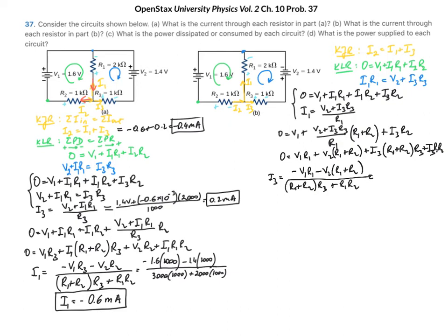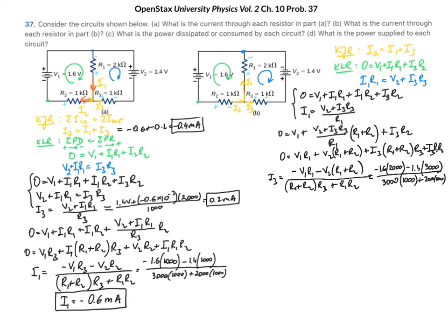So V1 is 1.6, so this is negative 1.6 times R1, which is 2000, minus V2, 1.4, times R1 plus R2, that is 3000, divided by R1 plus R2, I just said was 3000, times R3, which is 1000, plus R1, that's 2000, times 1000.